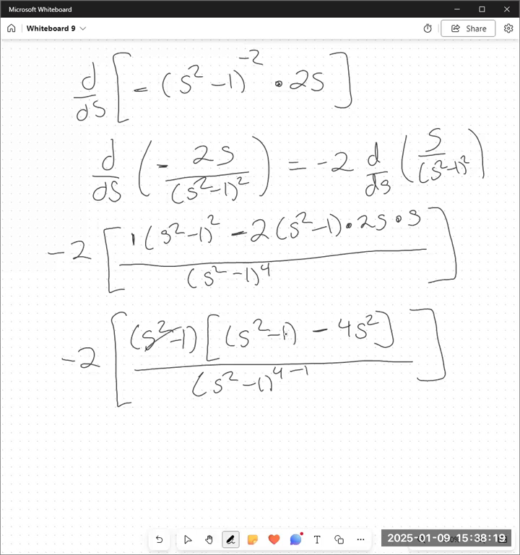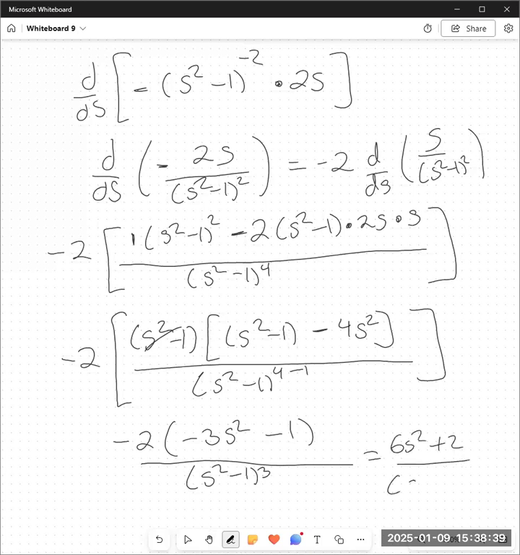Like so. Negative 2 times negative 3s squared minus 1 over s squared minus 1 to the third is going to give me 6s squared plus 2 over s squared minus 1 cubed.